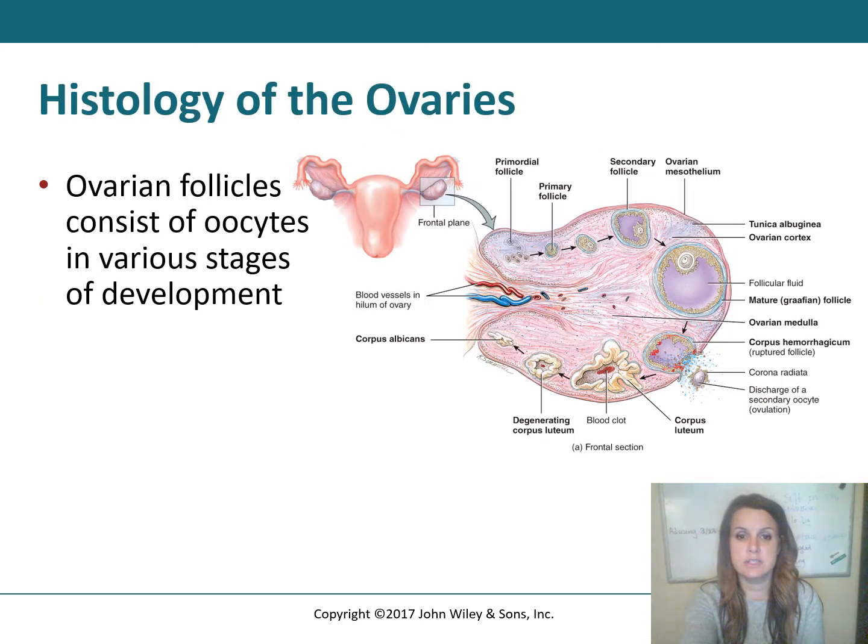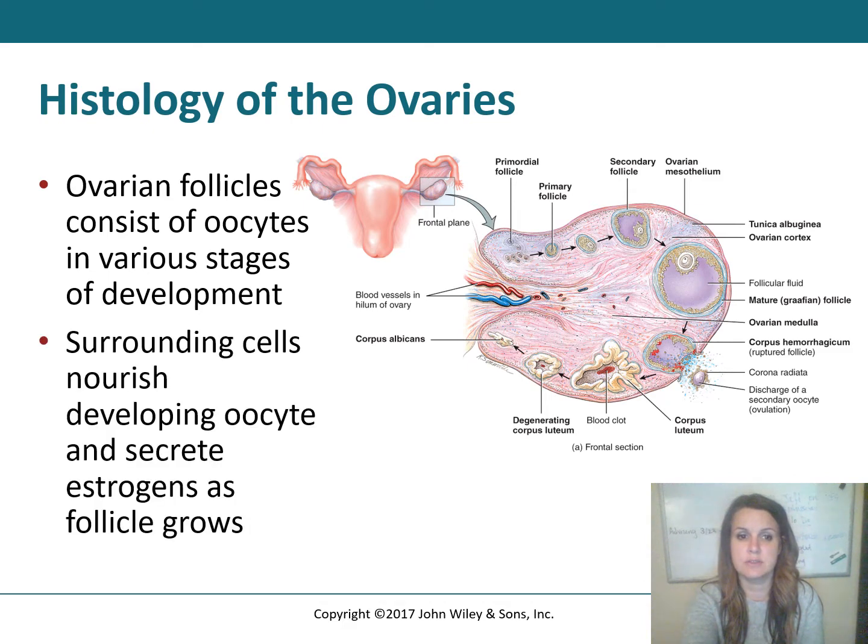Ovarian follicles consist of oocytes in various stages of development. The oocytes are the reproductive cells that contain the genetic material that is going to be passed on to the zygote. And they're surrounded by follicle cells that secrete estrogen as the follicle continues to grow.